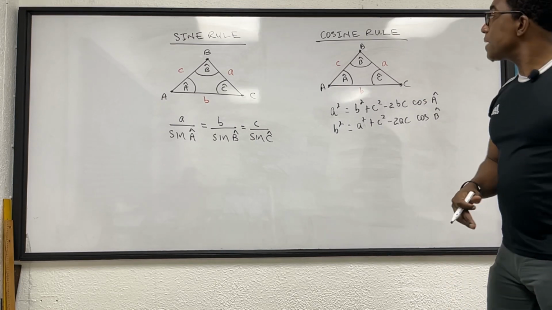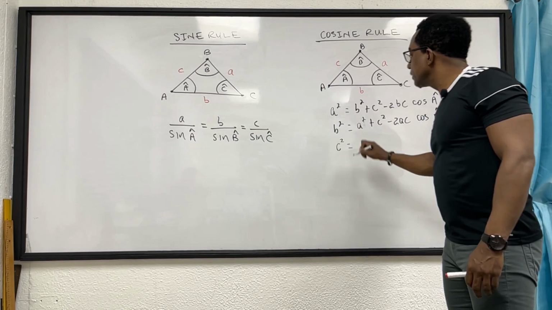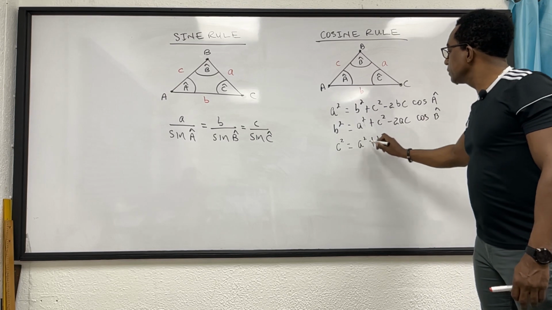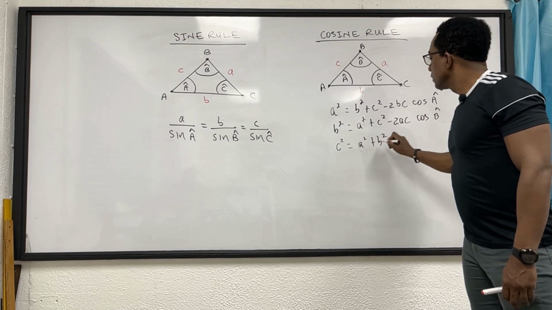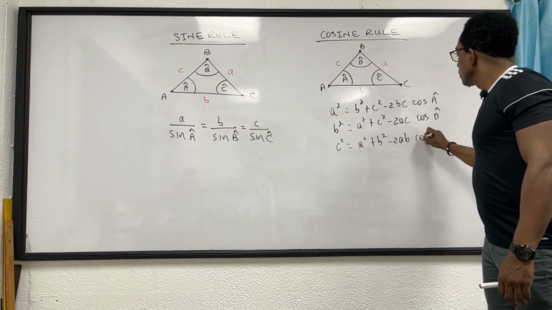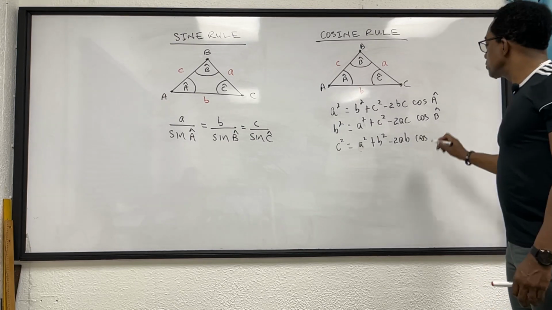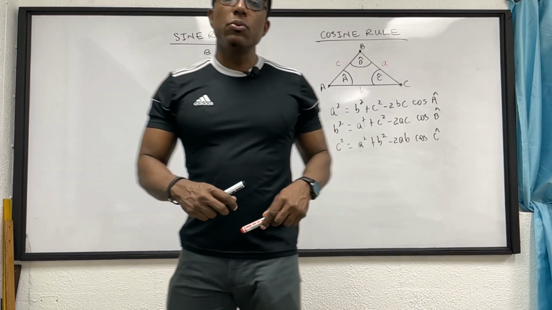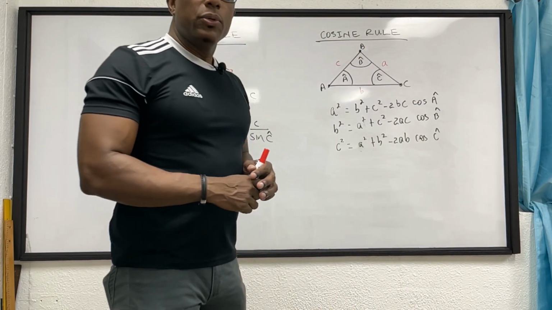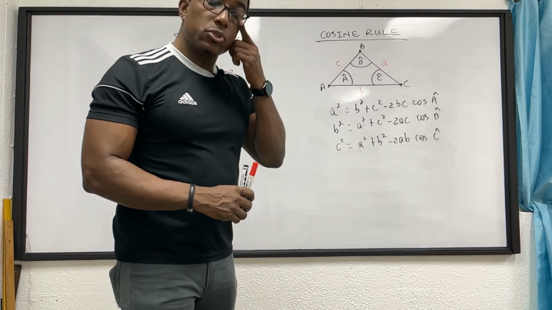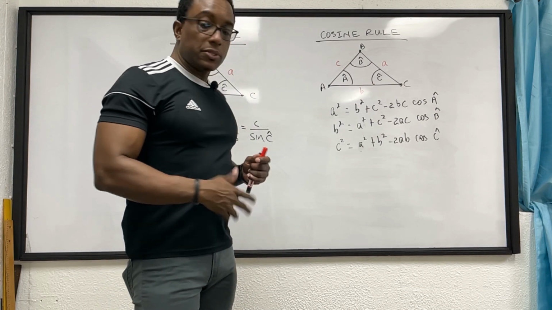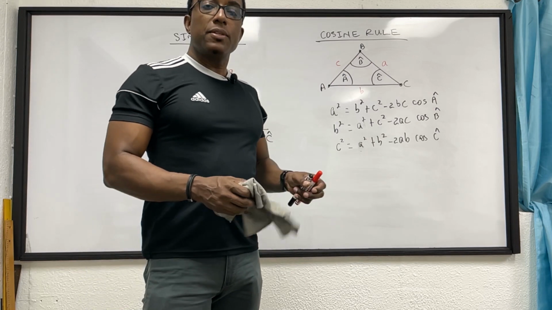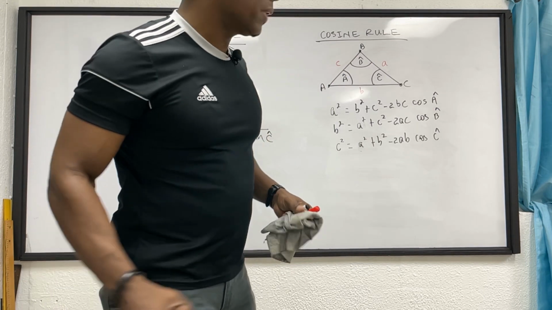Then I can create my equation, which will be c squared is equal to my two known sides, a squared plus b squared minus 2ab cos the included angle at C. So these two rules are very important rules, and of course they are used more so in a triangle that is not right angled. So let's look at a question where we can apply our knowledge of the cosine and sine rule.